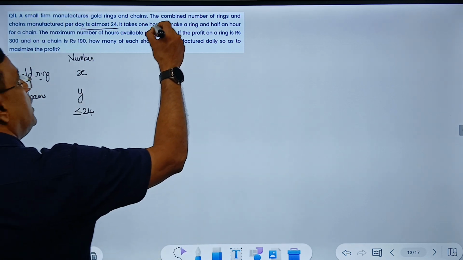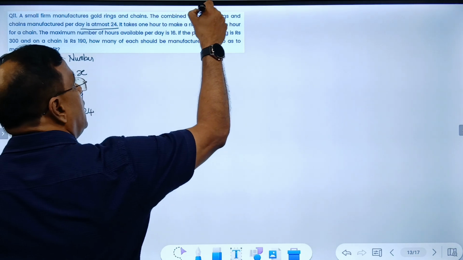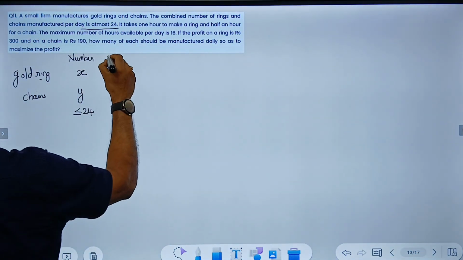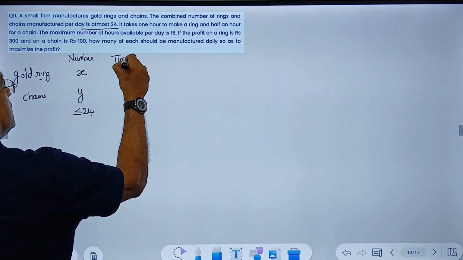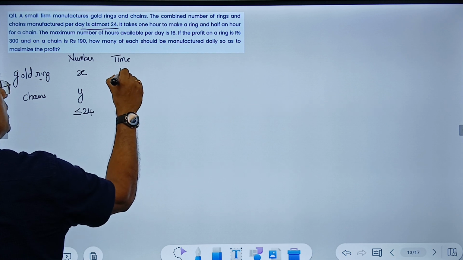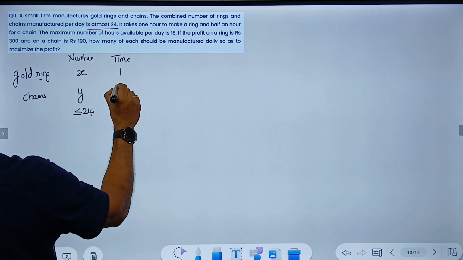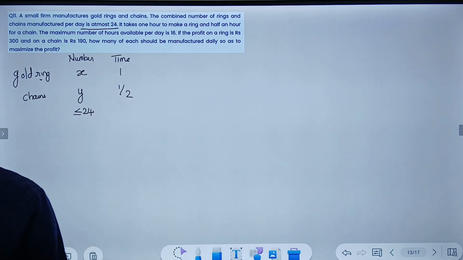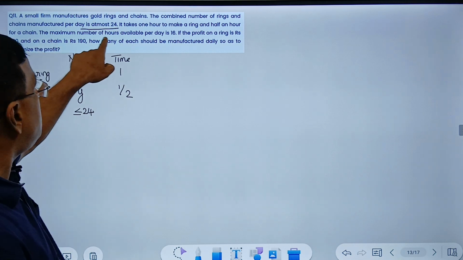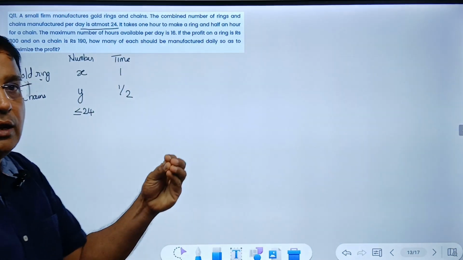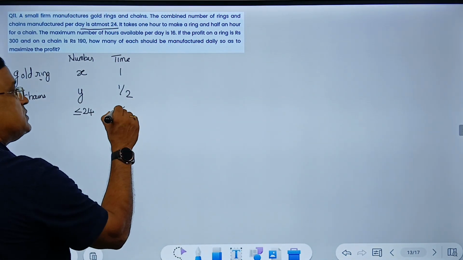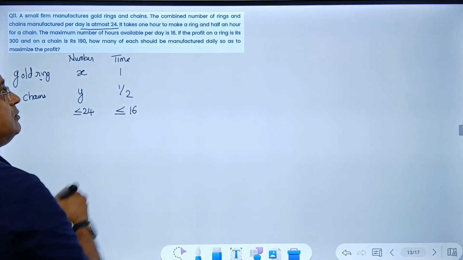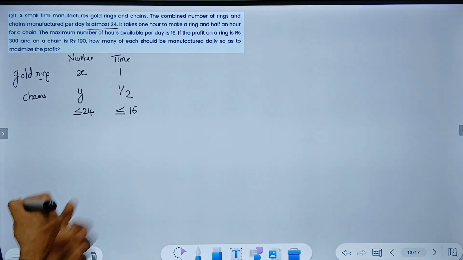It takes 1 hour to make a ring and half an hour to make a chain. The maximum number of hours available per day is 16, not more than that, so it's less than or equal to 16.